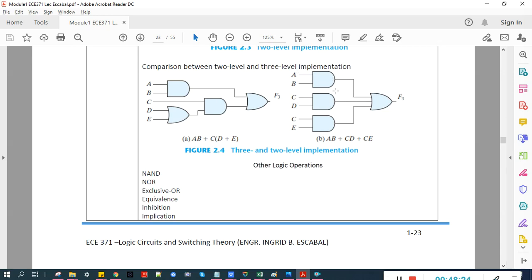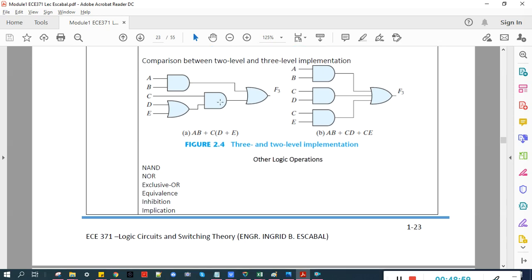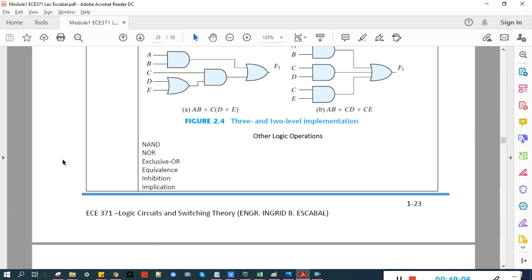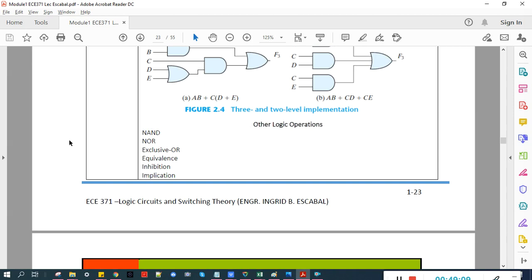So I say that letter B is preferred compared to letter A. Because D and E will have longer delay if we use the logic diagram of letter A compared to letter B. AB will arrive to the output faster compared to D and E. So I think letter B is better compared to letter A, provided that they have the same number of logic gates.